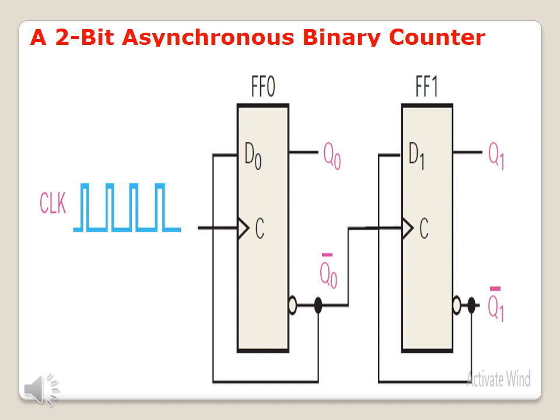Now we will see the working of these flip-flops. For this I have to take two outputs. I will take the first one as Q0 and the second one as Q1.